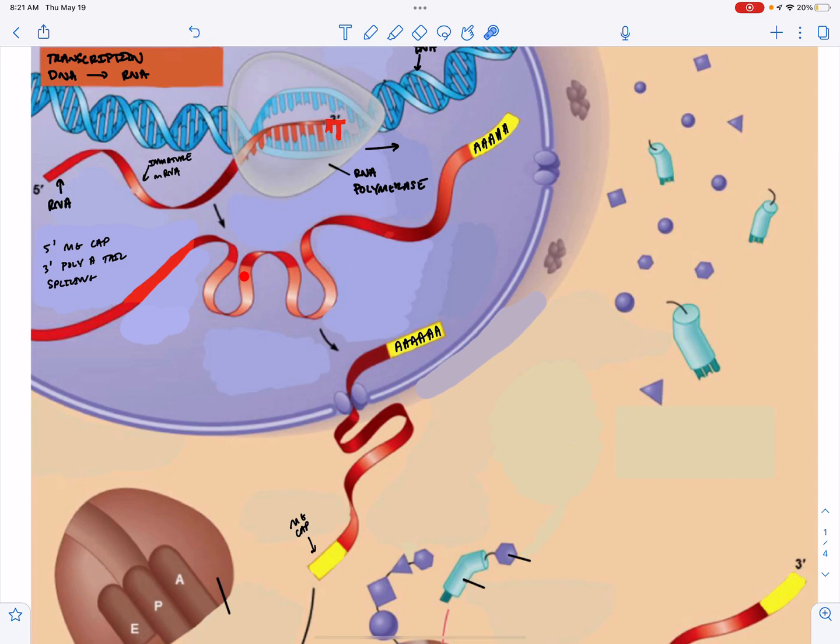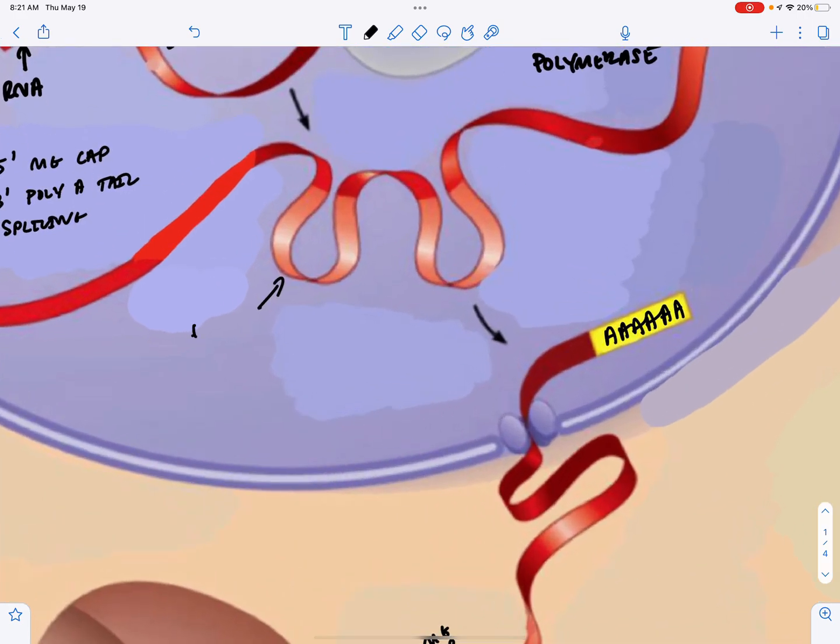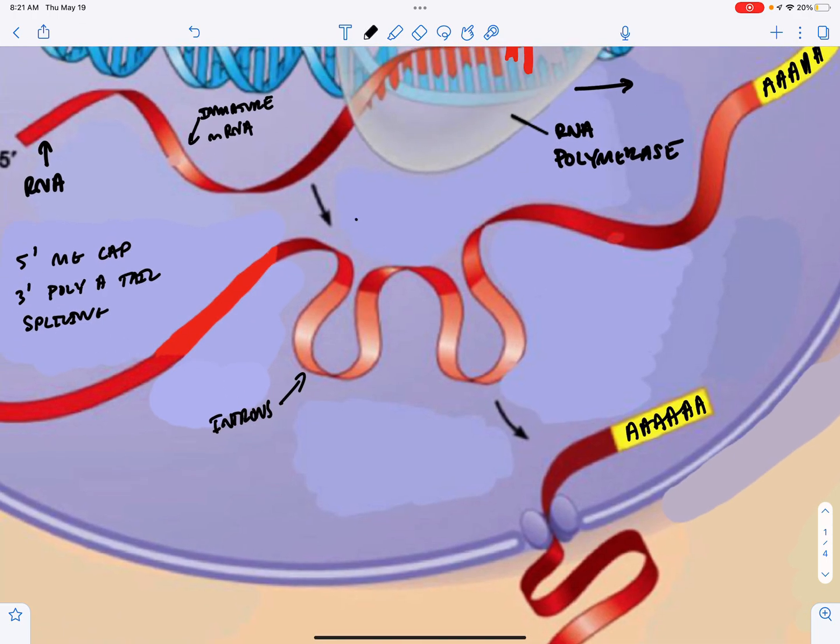So see all these light red portions of the mRNA? These are called introns. And confusingly, introns are cut out of the message. They're called introns because they stay in the nucleus. The pieces that are going to be part of the final mRNA message are called exons.